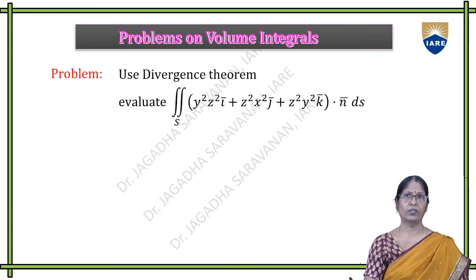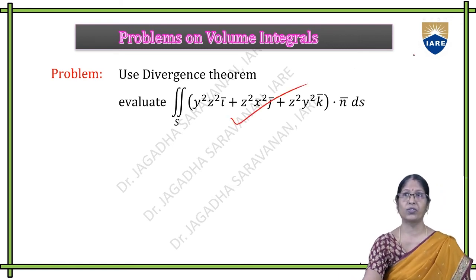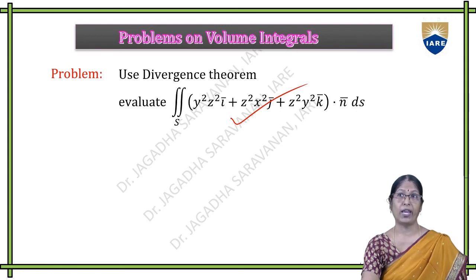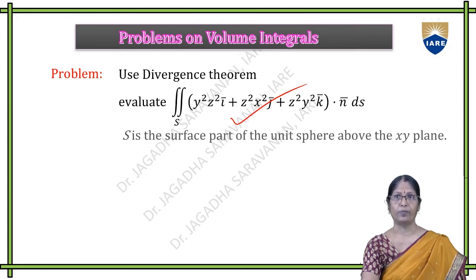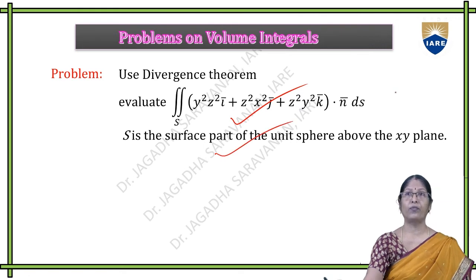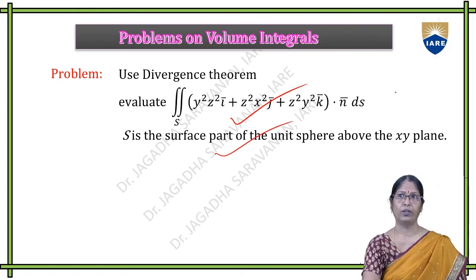So this is the problem, that is using the divergence theorem, evaluate the surface integral which is given, that is F dot n dS, the formula for the surface integral, where our F in this problem is y square z square i plus z square x square j plus z square y square k, dot n dS, where S is the surface part of the unit sphere above the xy plane.